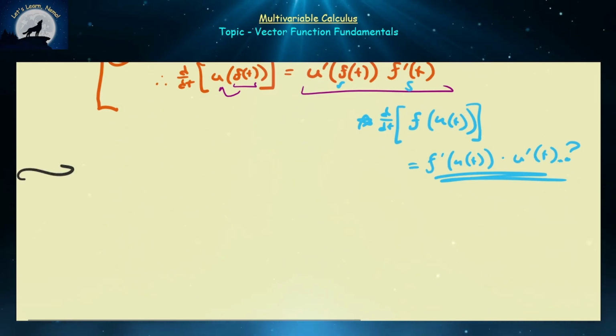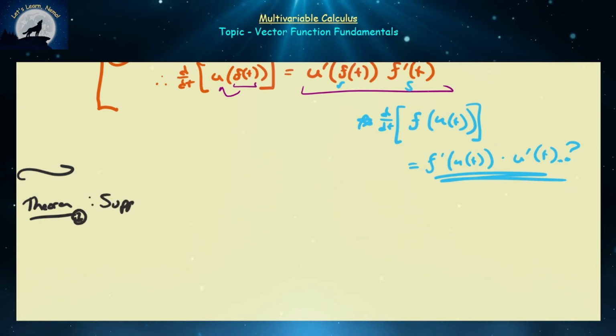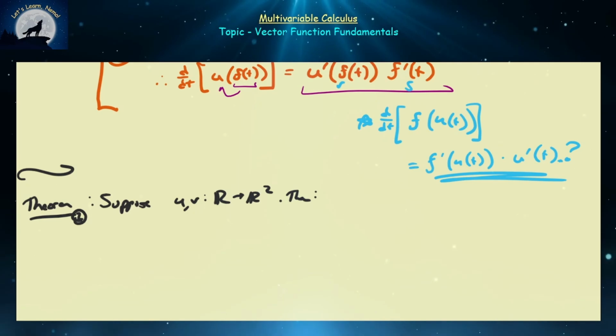So what I want to do now is introduce a theorem that is actually quite unique to the realm of vector functions, and that is the following. Suppose that u and v both send R to R2, and then let's consider the derivative of the dot product between them.